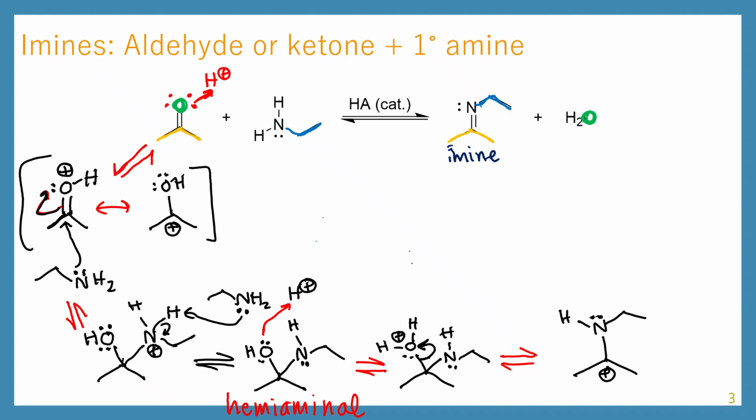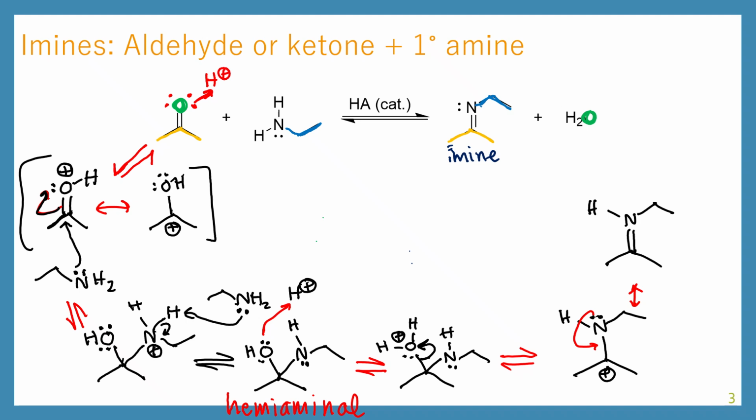So at this point, we actually do have to draw a resonance form in order to get us to our next helpful structure. So if we draw the resonance form of this, actually let me draw that up because I don't really have space to the side. We'll see that the resonance form is actually very, very close to our product.